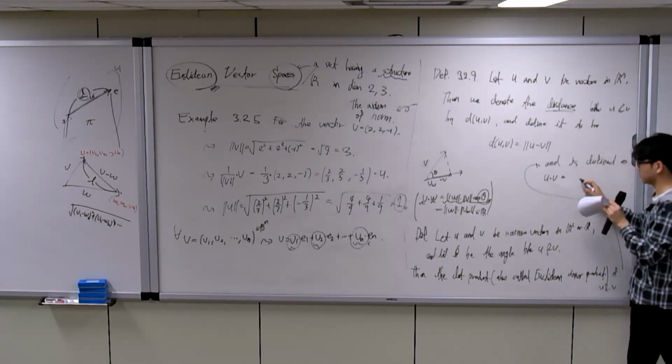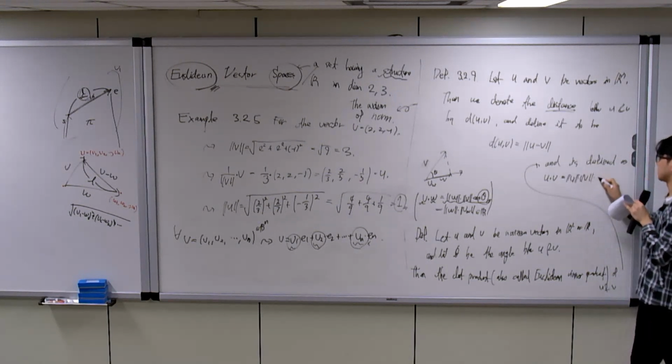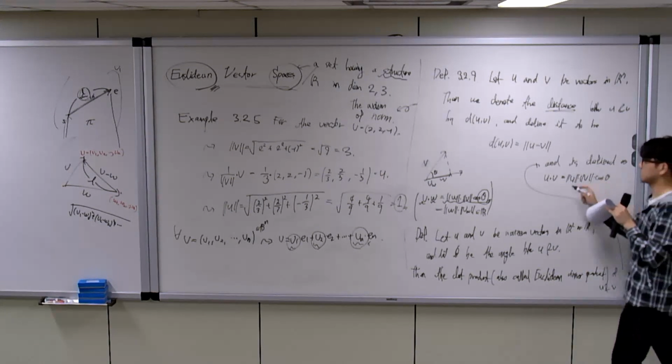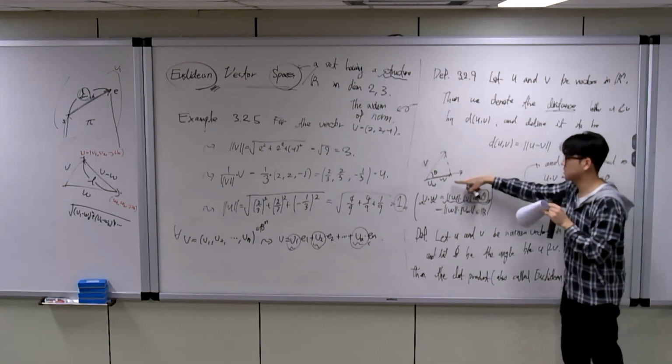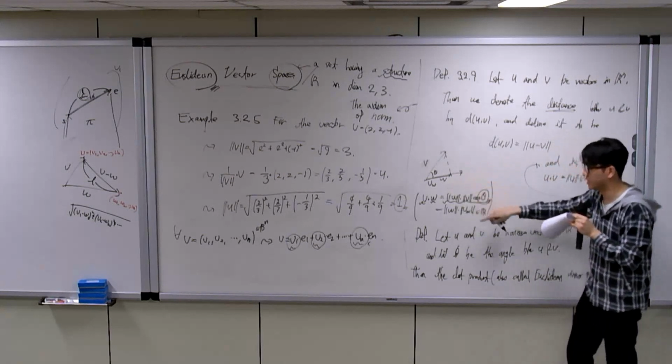Namely, in physics, they define the dot product as the product by projecting onto another vector.